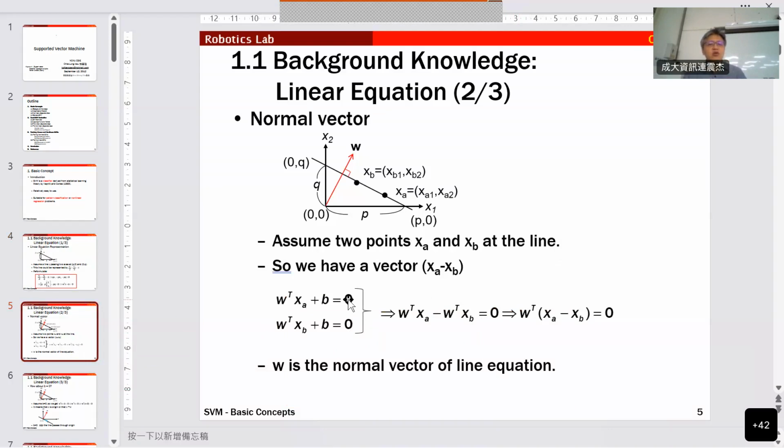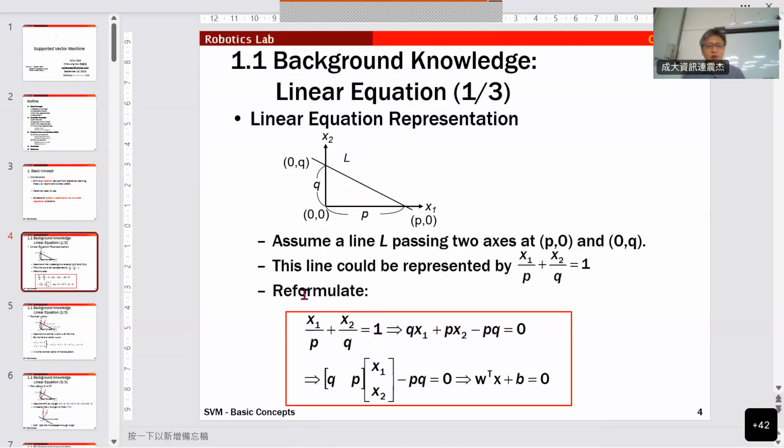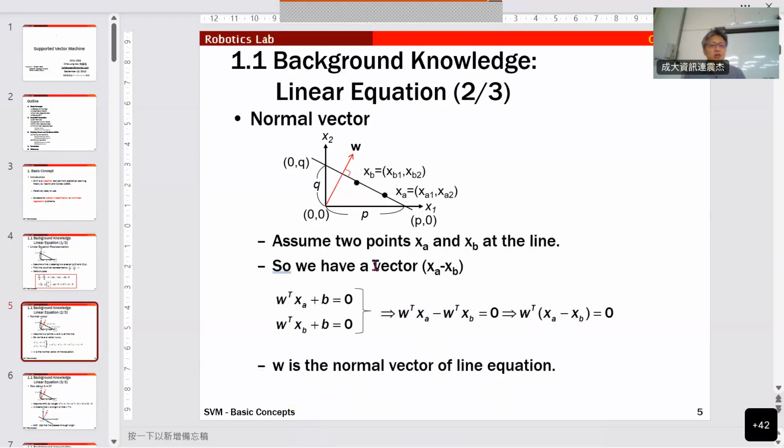Here we try to show you w and x, and this term. We have an L here. The normal direction, w, will pass through 0, 0.